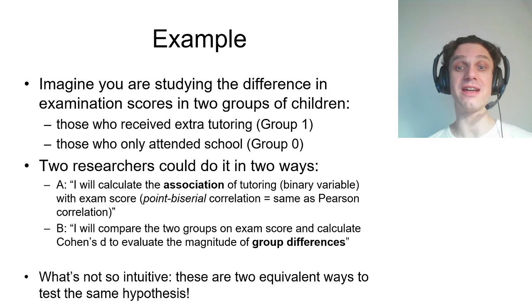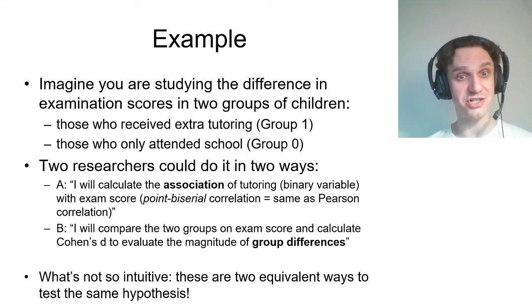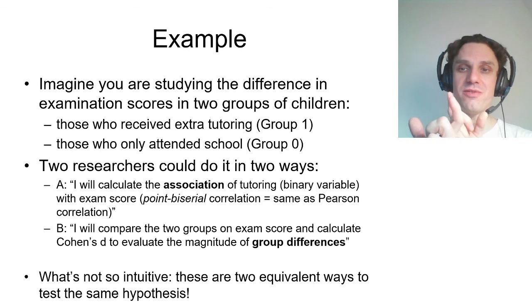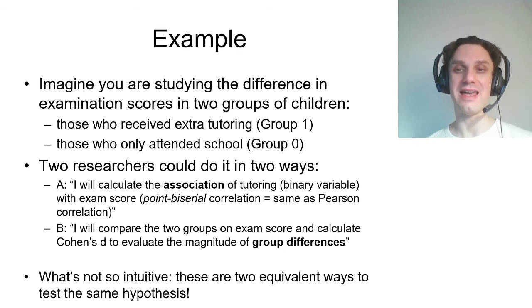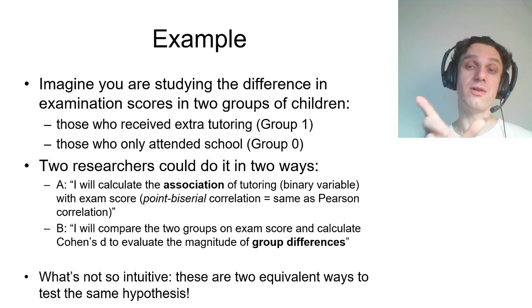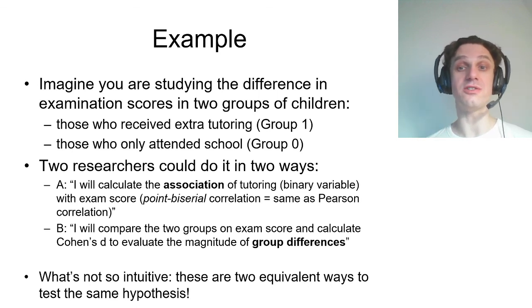There is, however, another more tricky situation. Another researcher says, I will just take two groups of children, a group of children who received extra tutoring and a group of children who did not. And for each of those groups, I will calculate mean and standard deviation, and then I will try to quantify how different the means in those two groups are.